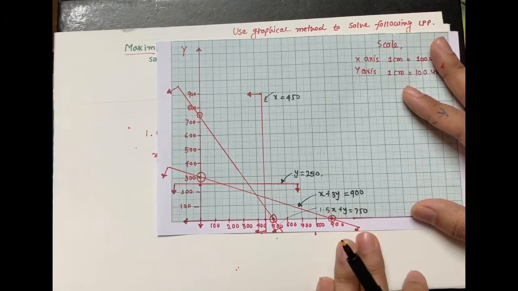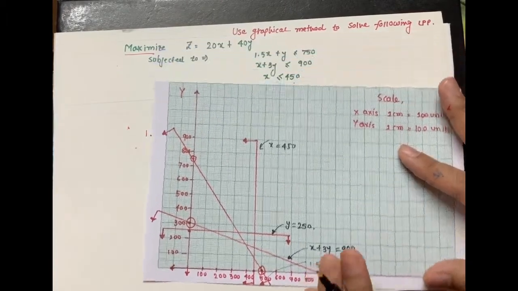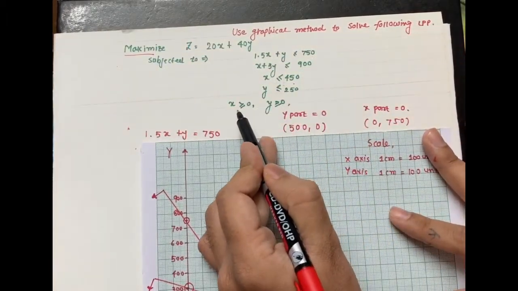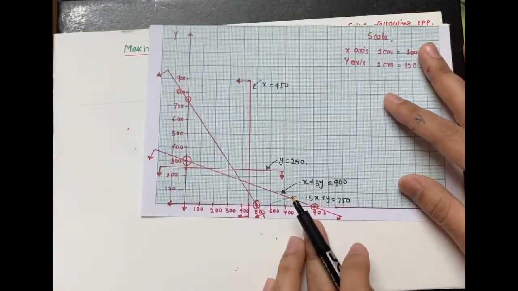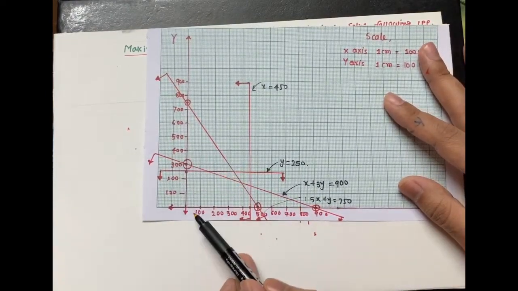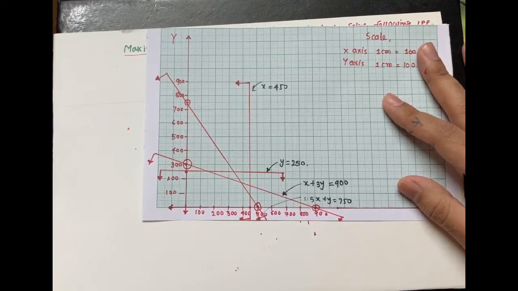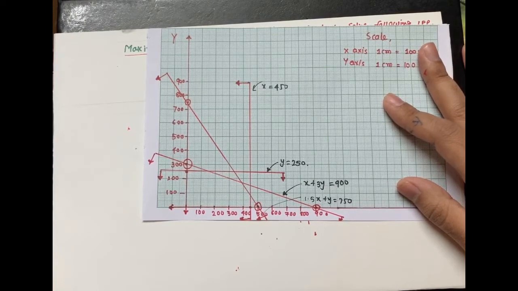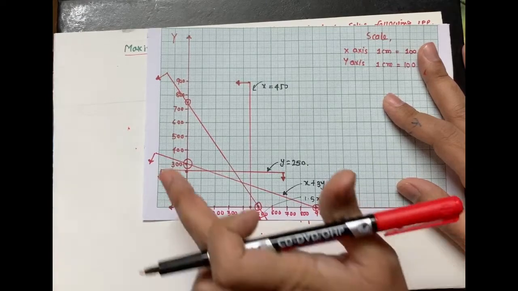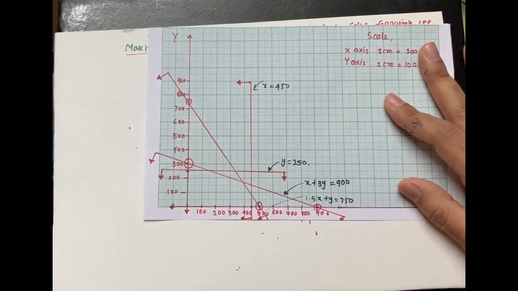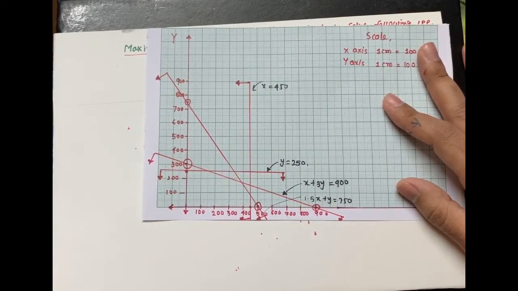But what we have is non-negative conditions. We have the non-negative condition that your x and y should be greater than or equal to 0. Means in the second quadrant, third quadrant and fourth quadrant, either the value of x or the value of y or the value of both x and y is less than 0. So those compartments cannot be considered in the study.